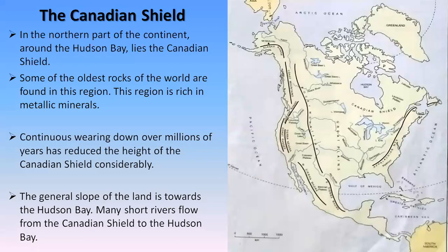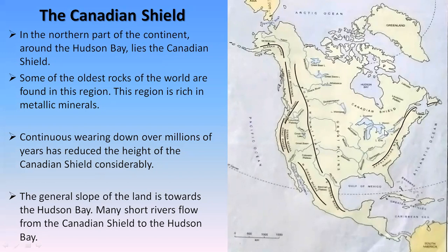After that, we found the Canadian Shield, located around the Hudson Bay. Some of the oldest rocks and metallic mineral deposits are found over this area. Some rivers start from the Canadian Shield and end at the Hudson Bay because of the slope towards that bay.